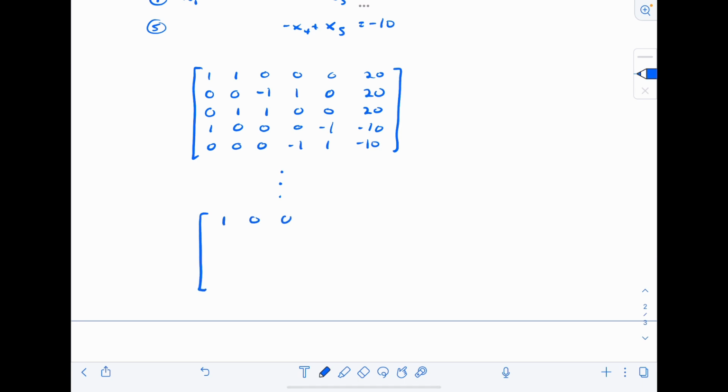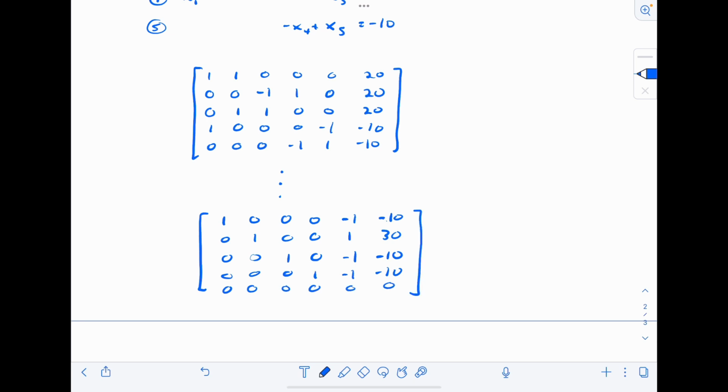If I were to solve this, I'd have a 1, 0, 0, negative 1, negative 10, 0, 1, 0, 0, 1, 30, 0, 0, 1, 0, negative 1, negative 10, 0, 0, 0, 1, negative 1, negative 10, and then the last row would be all zeros.